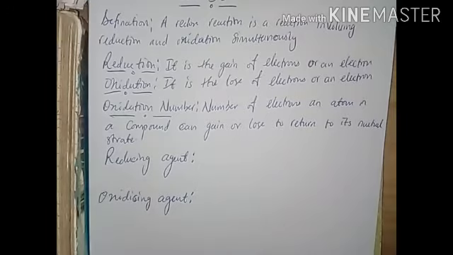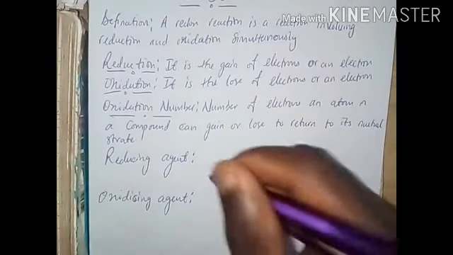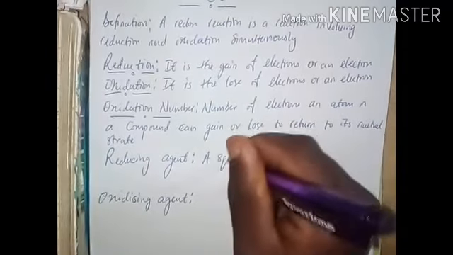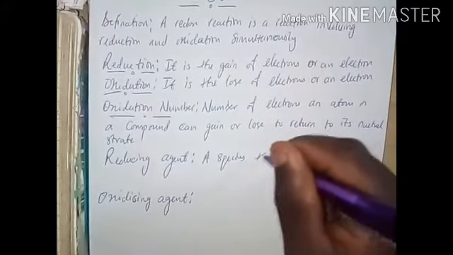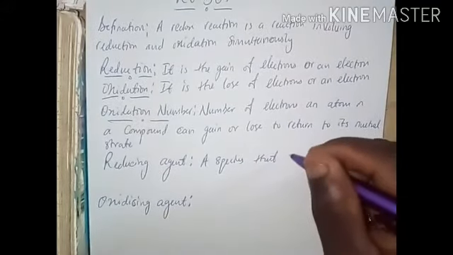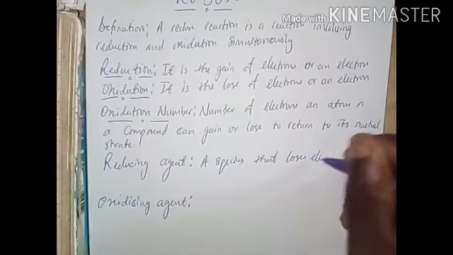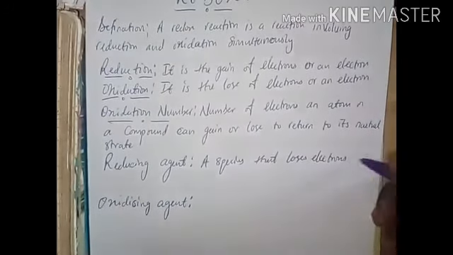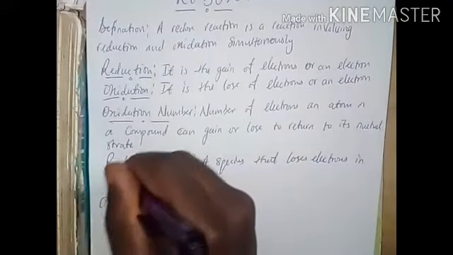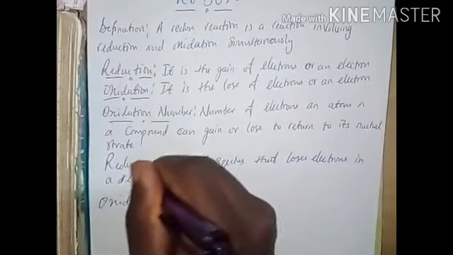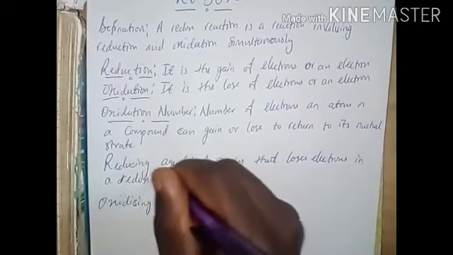So we can define a reducing agent as a species that loses electrons in a redox reaction.